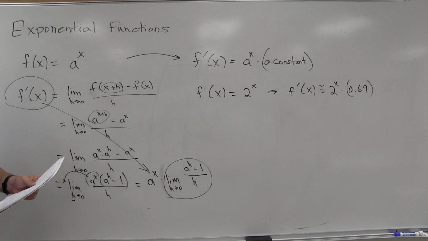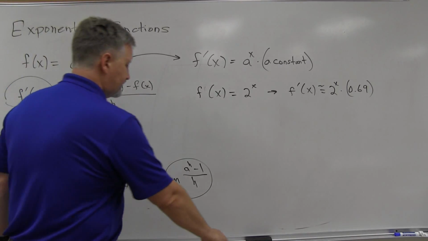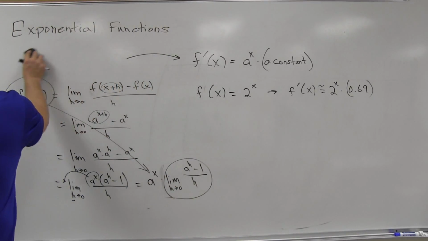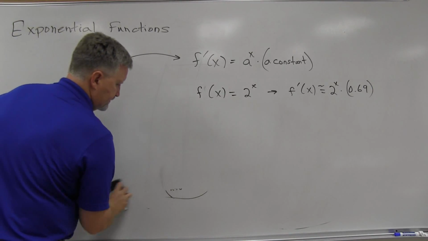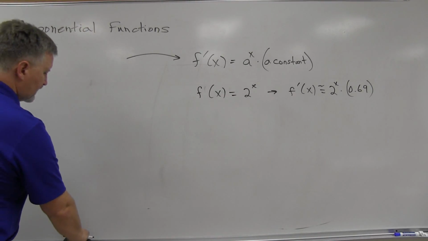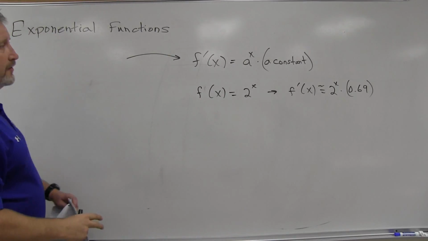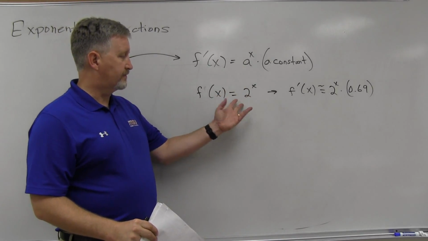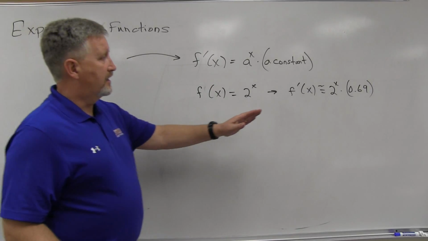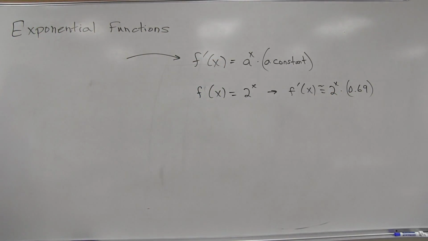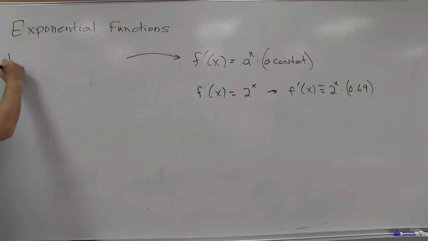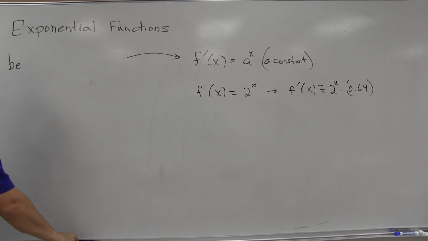Okay, now here's some really good news. There's this base, a here is the base, so depending on your base, that determines your constant there. But if the base is base e, the number e, have you ever worked with that much?